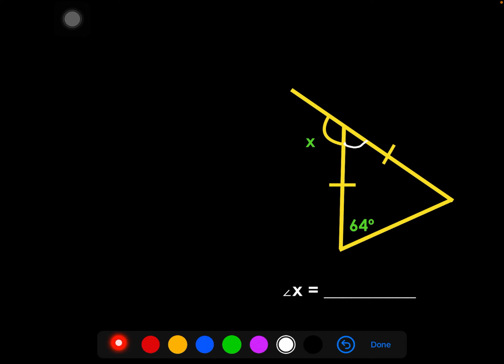So since this triangle at the bottom is also an isosceles triangle, I would know that this angle is opposite to this side. So meaning this angle, also opposite to the side equal to the other side, is also 64 degrees.